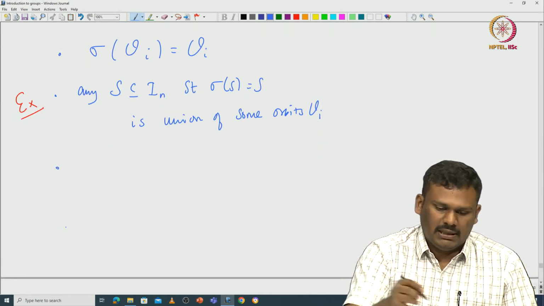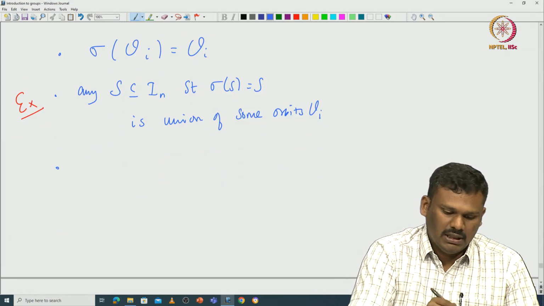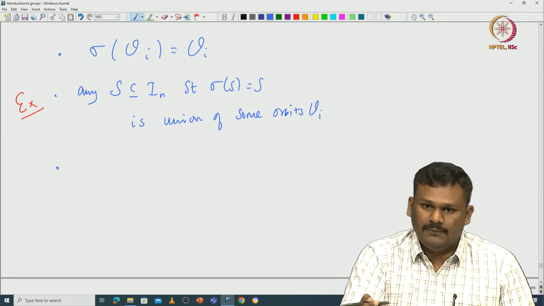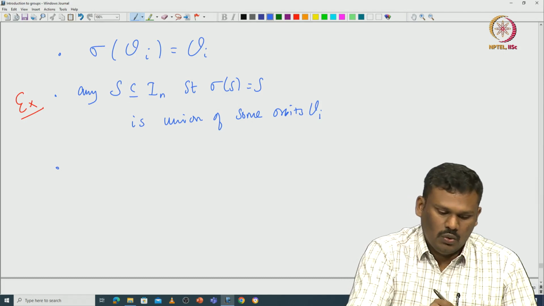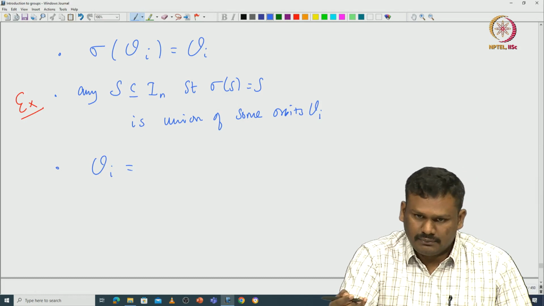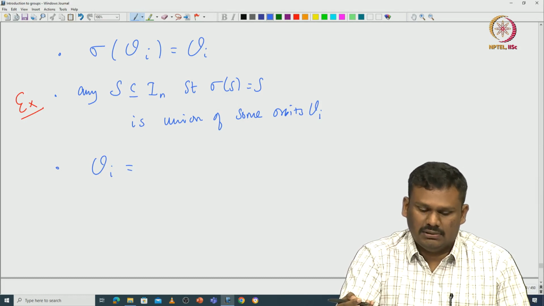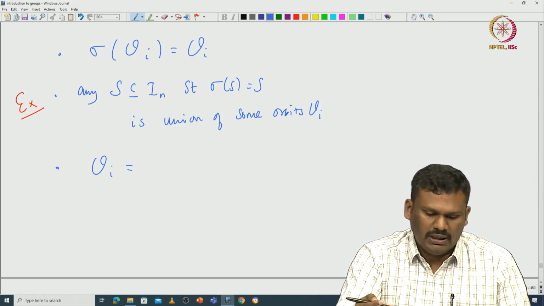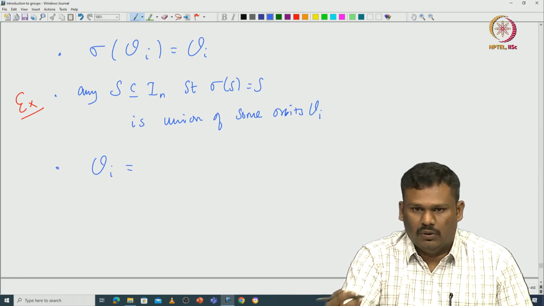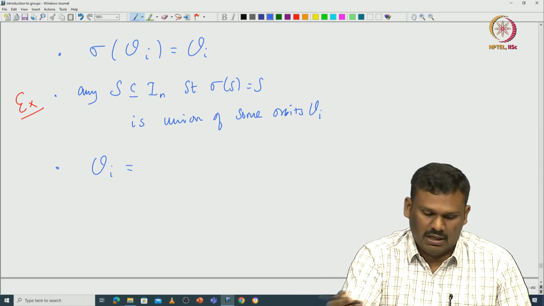Now you can see that, once you have realized this, because O_i is a subset of I_n, which is finite, O_i can be listed as a_1 through a_k. If you think about it, a_1 through a_k can be obtained from a_1 by repeatedly applying sigma.